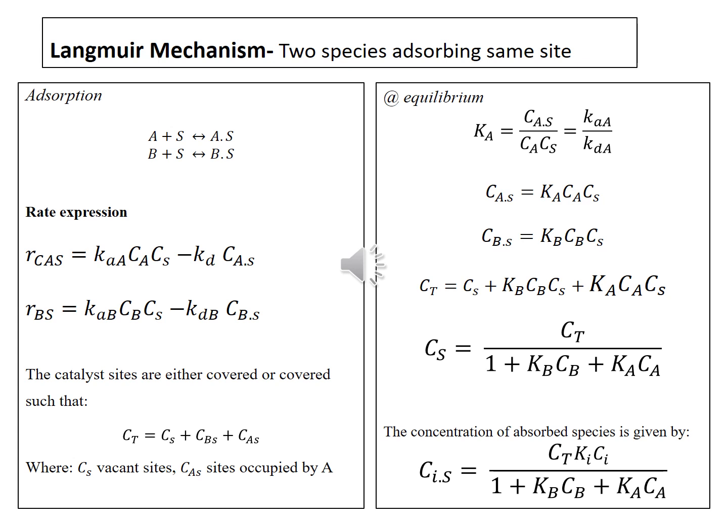And you make use of the total site balance, substituting for the unmeasurable species, and we get that equation. And we make Cs the subject of the formula, and we get that equation. And then the concentration of the adsorbed species will be given for each species. So for CA·S, we will substitute Cs in the equation of CAS, and that's what we'll get. And the general equation describing the two cases is given.